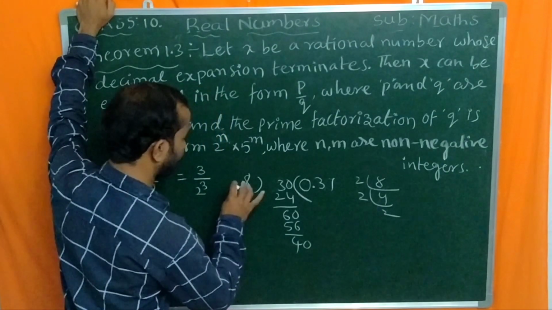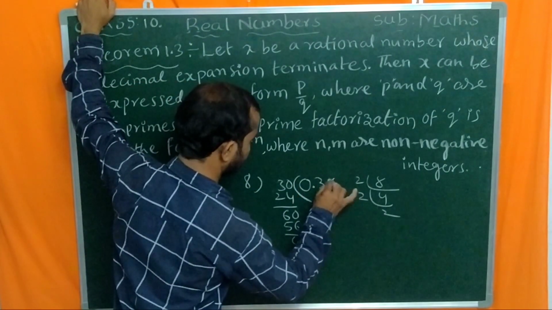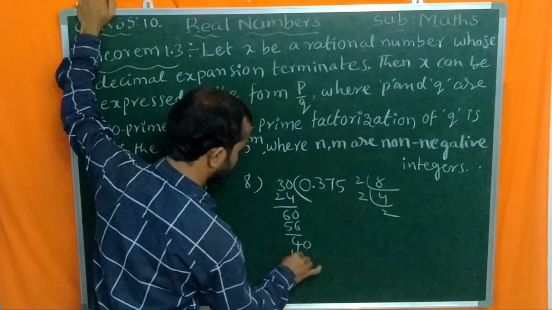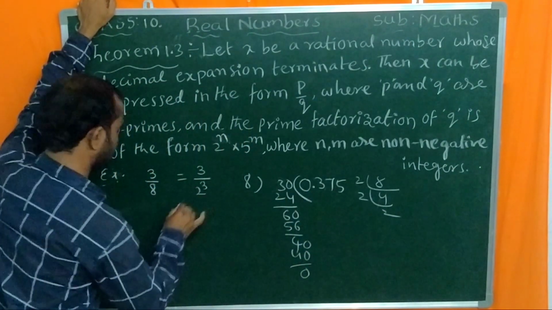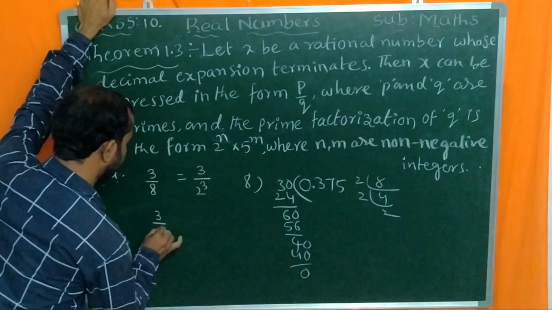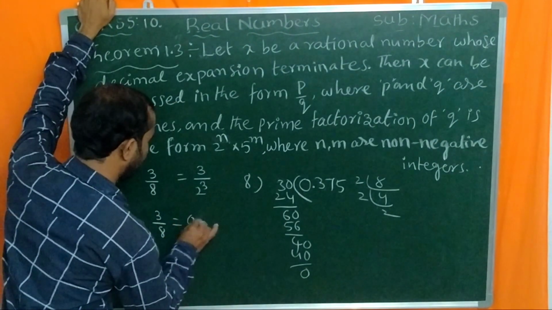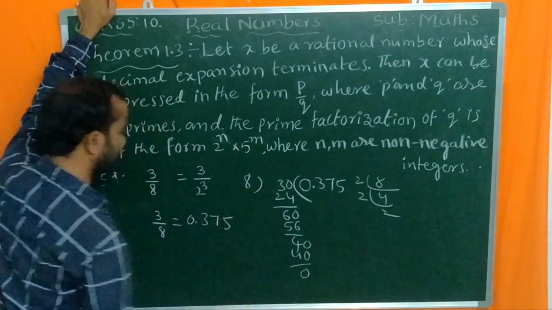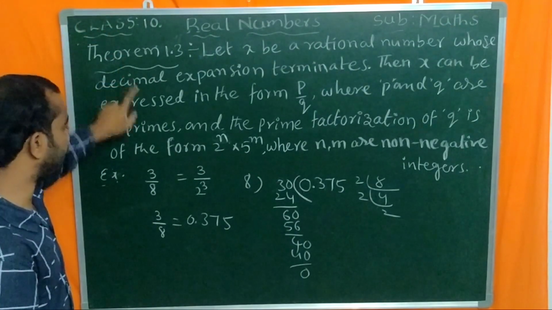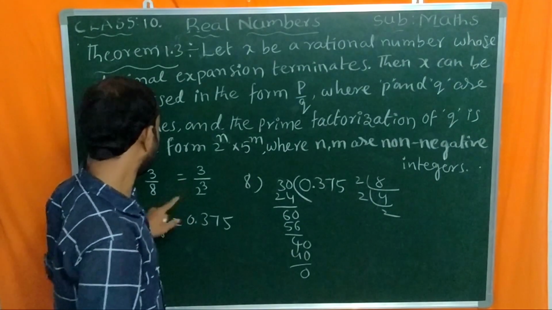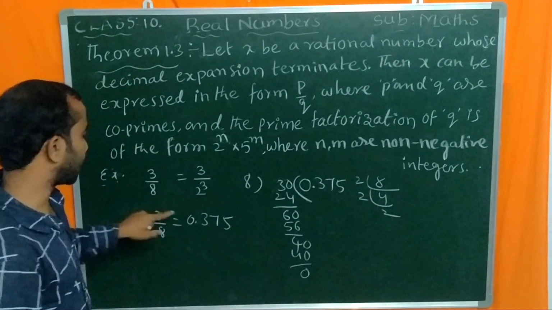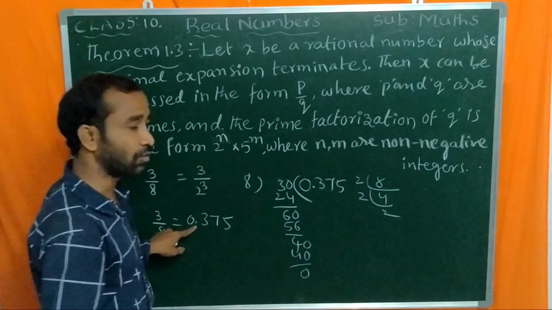Next another 0, 8 times 5. So this is the terminating decimal. 3 by 8 equals 0.375. Here the denominator can be written as 2 to the power of n, so the given rational number is a terminating decimal.